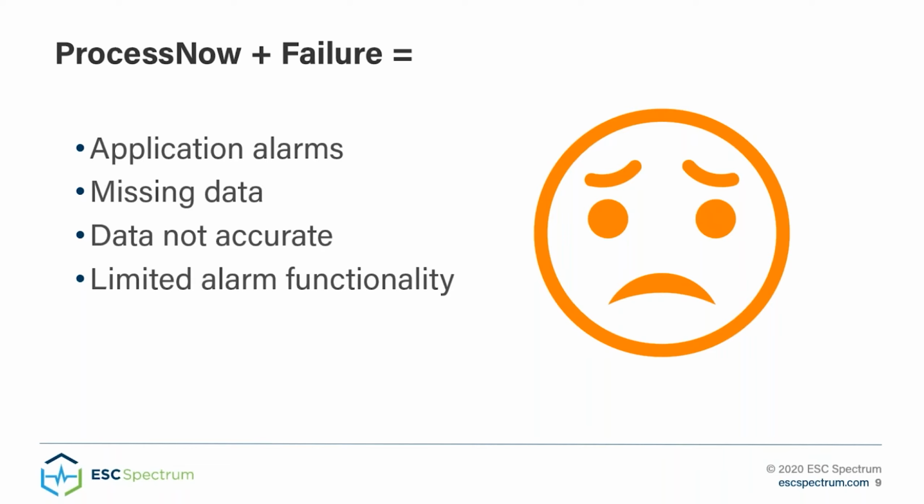And so when it does that, you could miss certain calculations, missing data. It's not hitting certain math tasks to run. Your data could not be accurate because of this as well. And also limited alarm functionality.